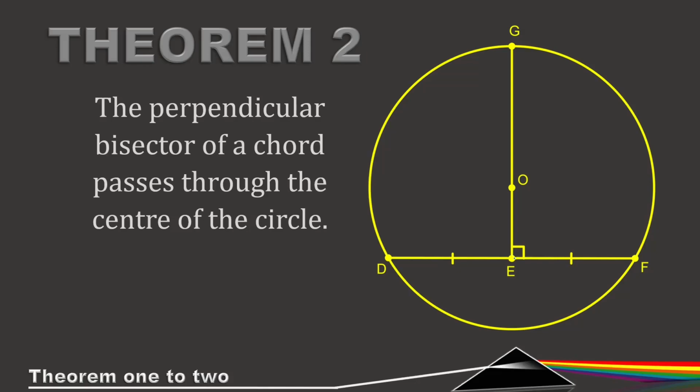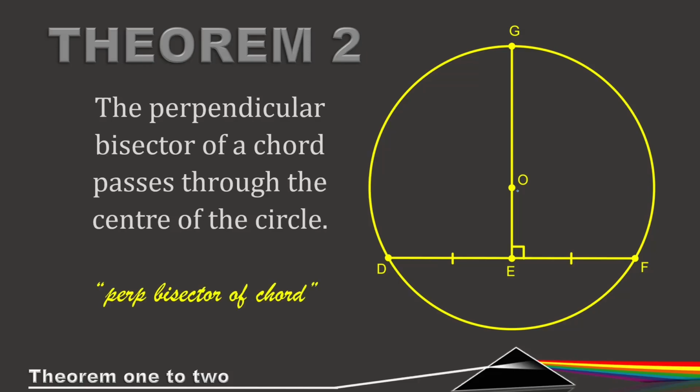So it has to cut DF in half, but this line must also be perpendicular to DF, right? If you do that, your line will inevitably go through the center of the circle. So you'll still not know where the center is, but you will know that your line goes through the center. And the reason is perpendicular bisector of a chord.